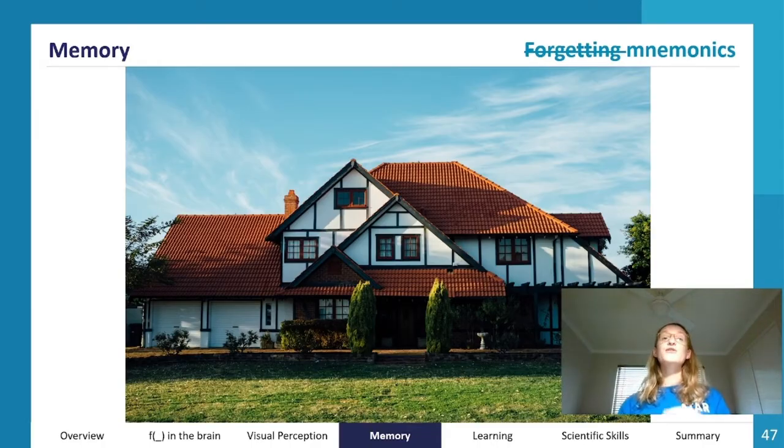Because you're so familiar with your house, you can visualize it. And by associating one item, or maybe with the SQ4R method, for example, you might associate a room with each letter of that, although that's not a very practical example.